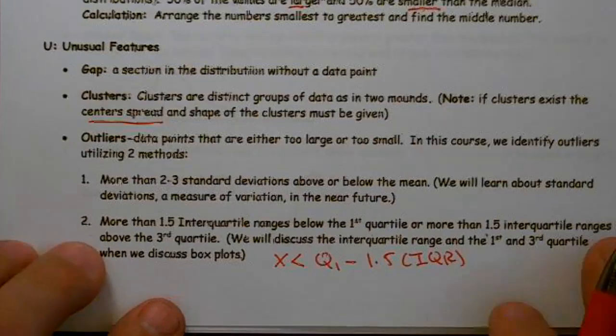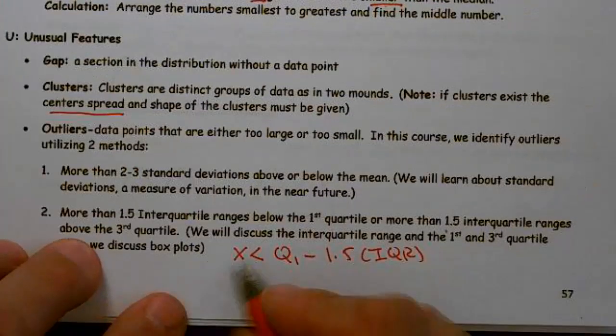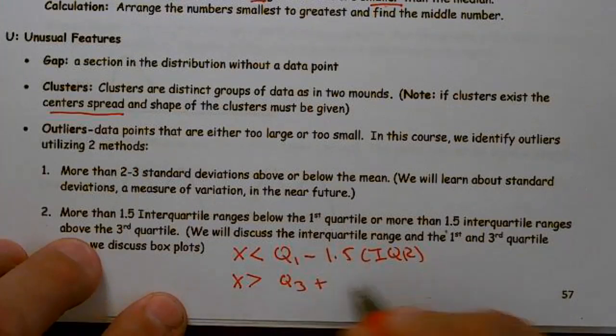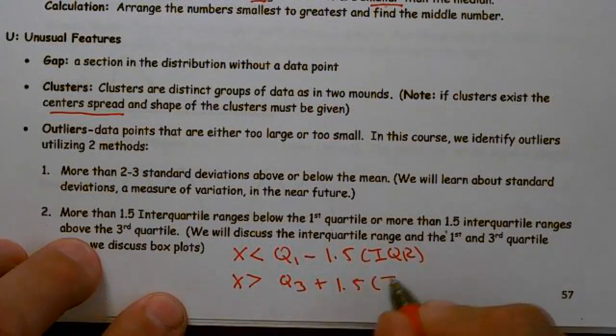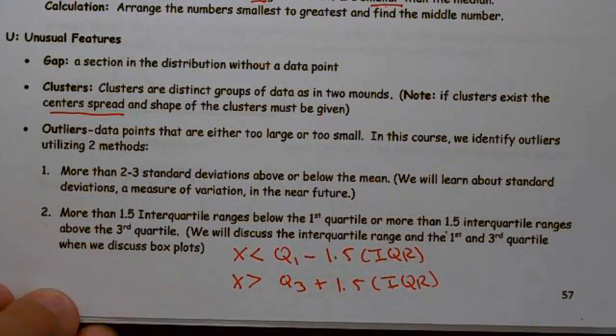And also, if it was greater than the third quartile plus 1.5 IQR, it was also an outlier.